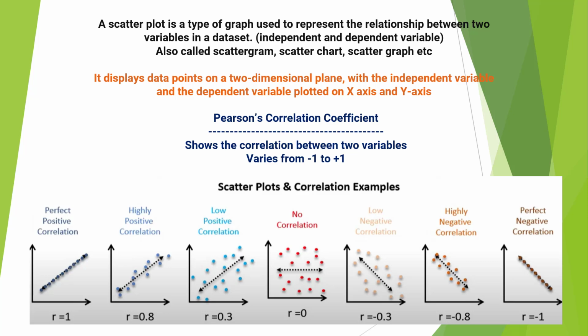So these two stocks X and Y are negatively correlated. And if the value of stock X increases in proportion with an increase in the value of stock Y, then we can say that stock X and stock Y are positively correlated. So that is how we can look at the different values of R and talk about the correlation examples. I hope this is clear, and this is all about the scatter plot or scatter chart. Thank you.